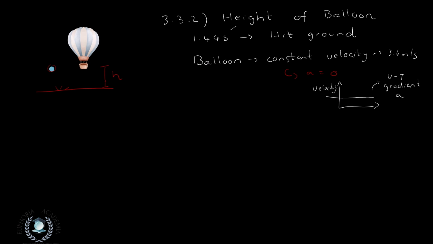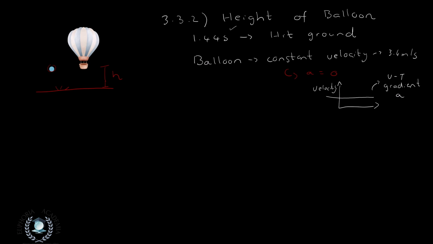But if this line is a straight line, our gradient is not changing, right? So if there is no change, that means there is no gradient. That's why our acceleration is 0.